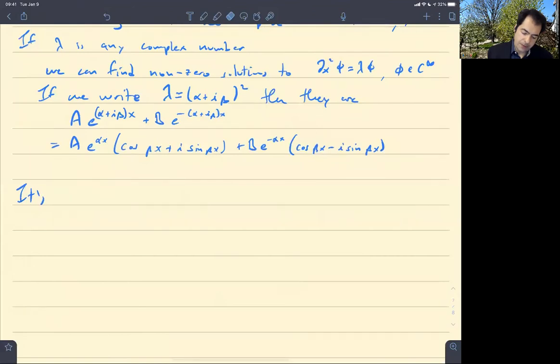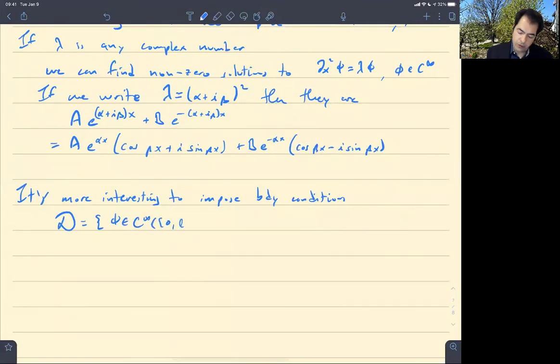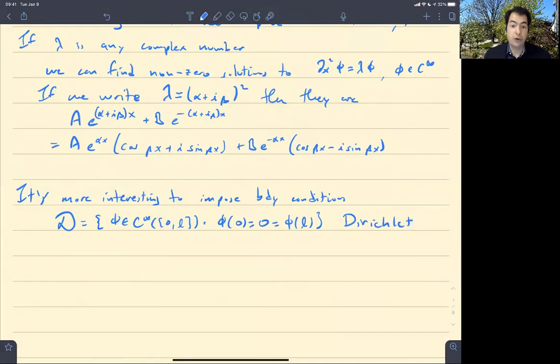So it's more interesting to impose boundary conditions. Let's define D to be all of those smooth functions on the interval 0 to L such that phi of 0 is 0 and phi of L is also 0. So these are functions that vanish at the endpoints. This is known as the Dirichlet domain or Dirichlet boundary conditions.